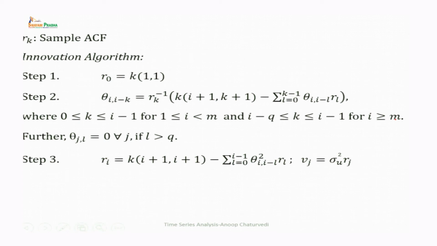Further, theta_{jL} is equal to 0 for all j if L is greater than q. In step 3, you compute R_i equal to kappa(i+1,i+1) minus the summation over L equal to 0 to i minus 1 of theta_{i,i-L} square R_L. So, V_j is equal to sigma_u square R_j.